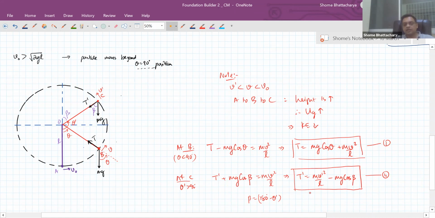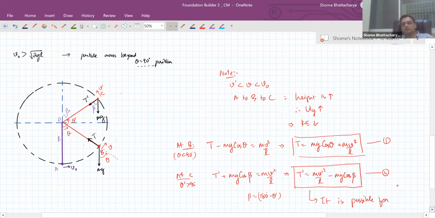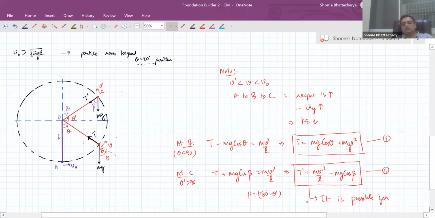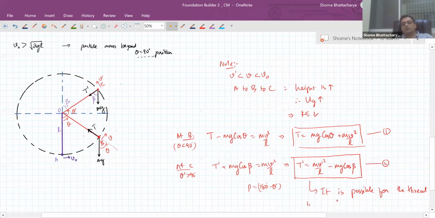So you can see over here that if your speed at that point is slow enough, it is possible for the thread to slacken or become slack, or lose its tension.